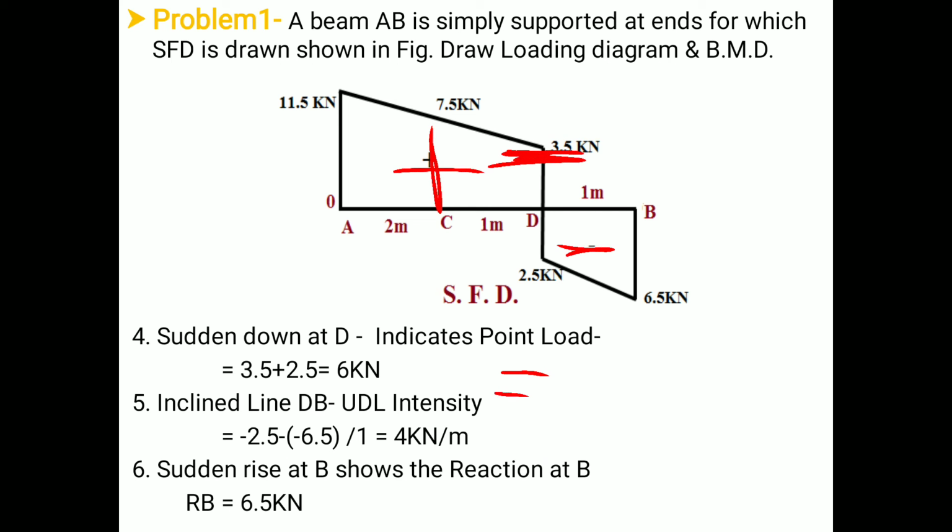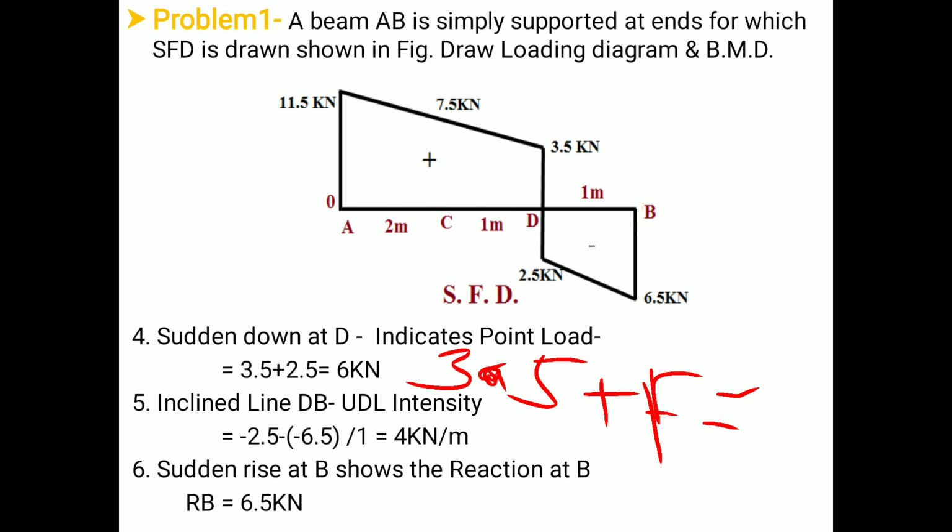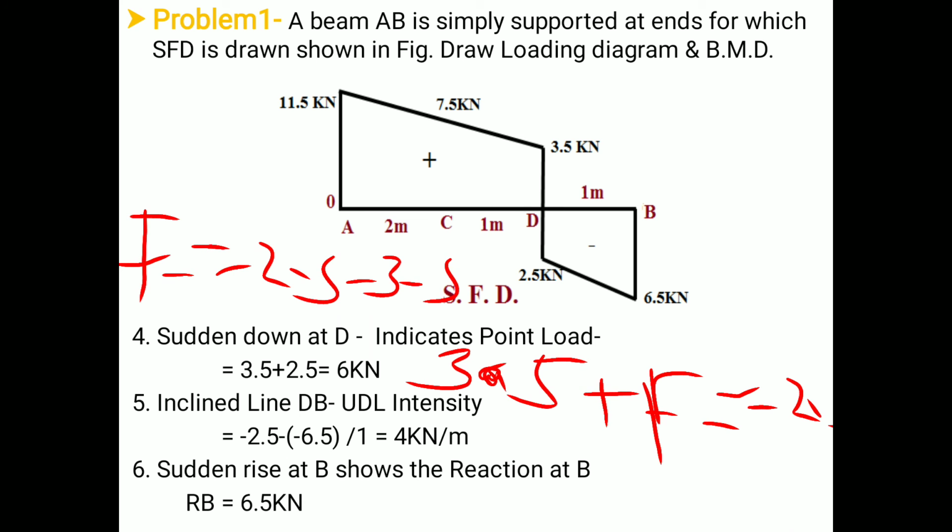Therefore we have 3.5 plus F, where F is the magnitude of that reaction or external force, and that should be equal to minus 2.5. So 3.5 plus F is equal to minus 2.5, and we have to calculate the value of F. F is equal to minus 2.5 minus 3.5, which gives minus 6.